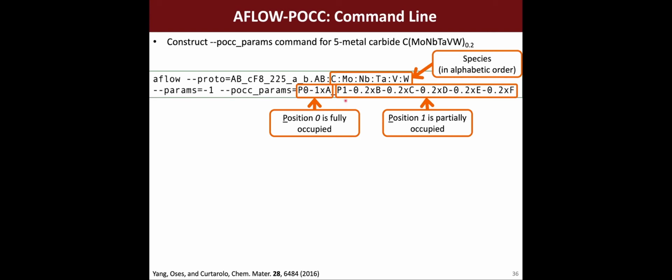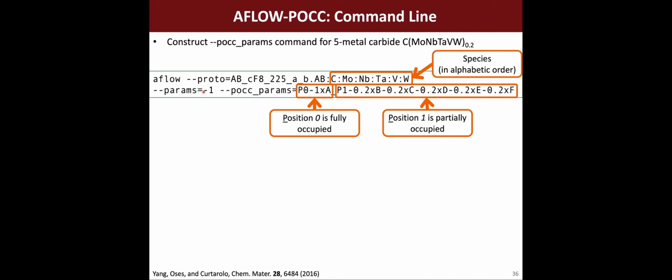Then we have an underscore and we specify the second position, which is position 1. We do 0.2 times B separated by hyphens, 0.2 times C, 0.2 times D, 0.2 times E, and 0.2 times F. Those are the 5 metals, B, C, D, E, F, and it's equally occupied between all the 5 metals. So this is how we build our POC params.